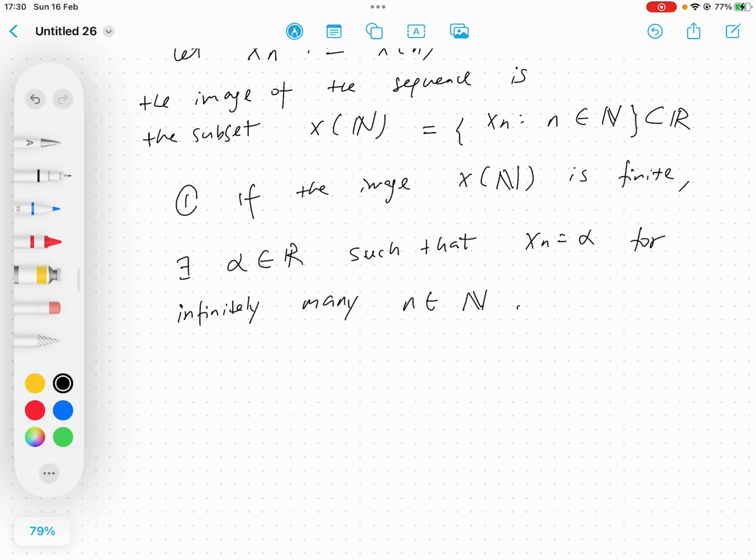Okay, so say that for all k in some S, which is an infinite subset of N, okay?